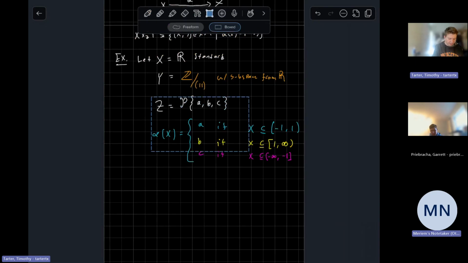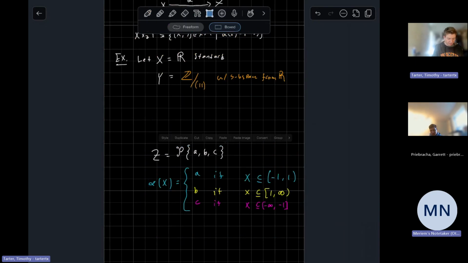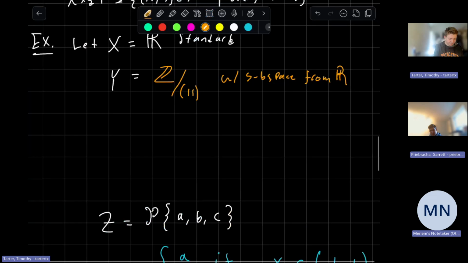And I know that you aren't super familiar with topology, so I'm going to define all of this. Okay.